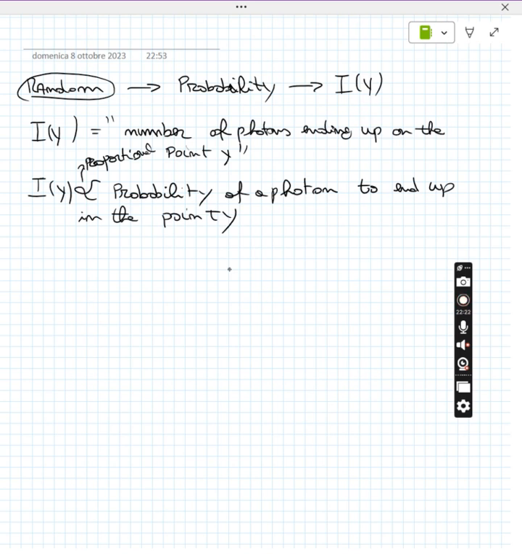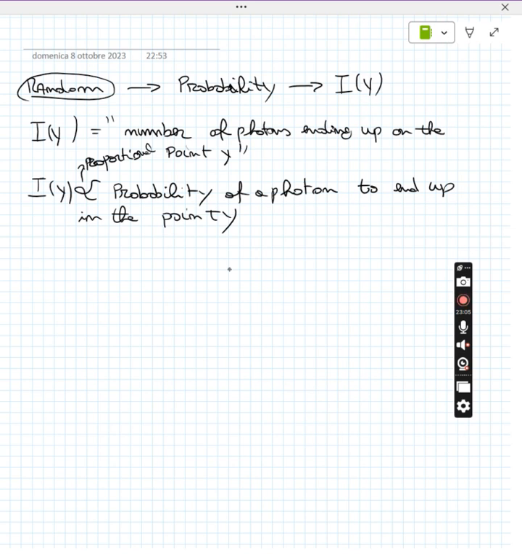So now, a little resume. In the wave model, even a very feeble light produces the interference pattern, even if this light is really weak. But this is not what happens in the experiment where the light becomes weaker and weaker. Instead, one starts observing the emergence of quantum phenomena and the granular nature of light. Because at every emission, only a few points of the plate become illuminated, okay?